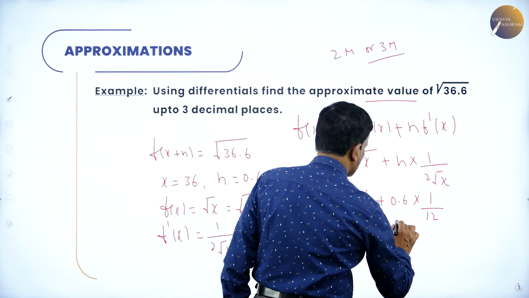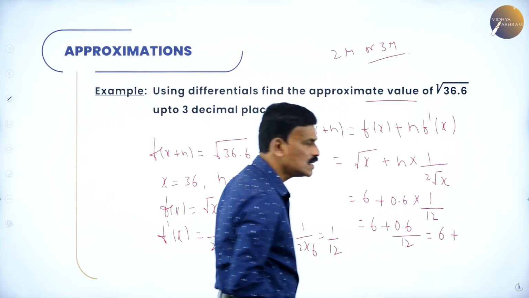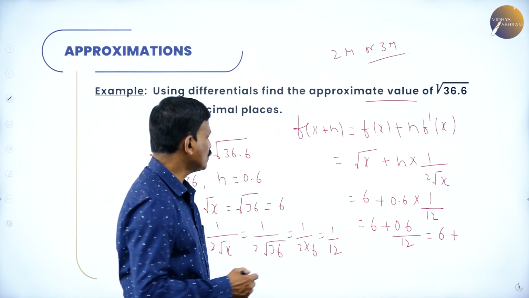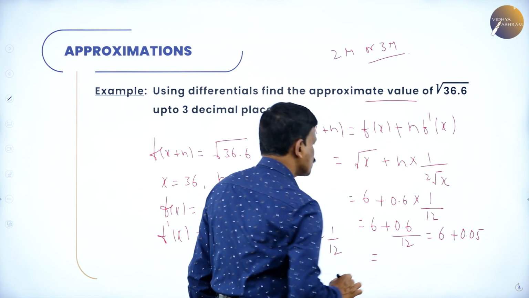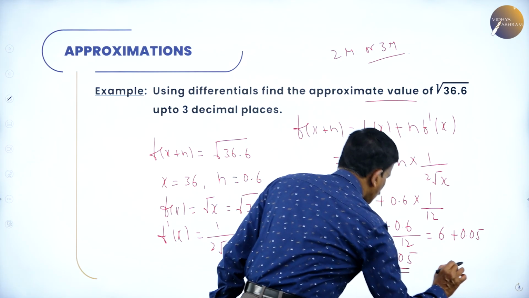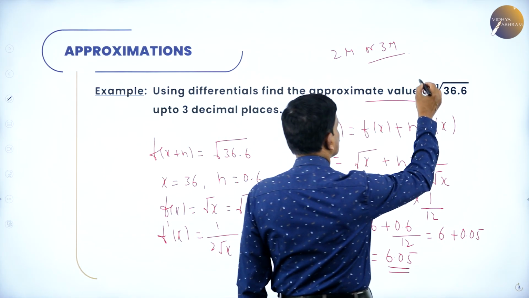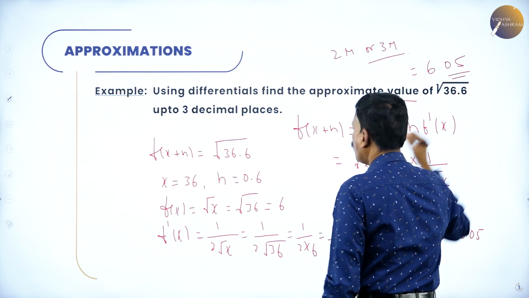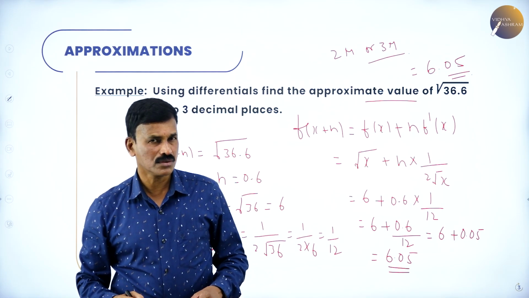So 6 plus 0.6 divided by 12. 0.6 divided by 12 is nothing but 0.05. So 6 plus 0.05 is equal to 6.05, the approximate value. Therefore square root of 36.6 is equal to 6.05 approximately. That's it. This is how we are going to solve these types of problems.